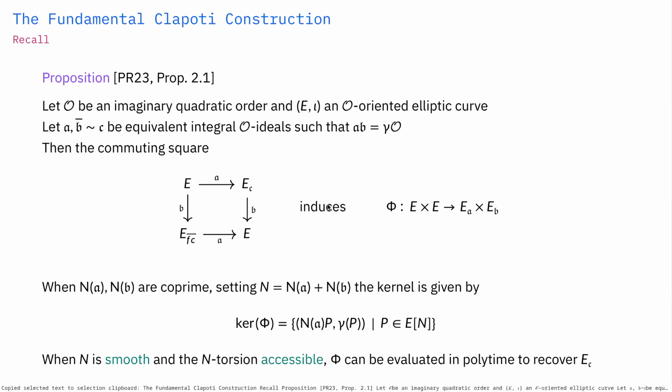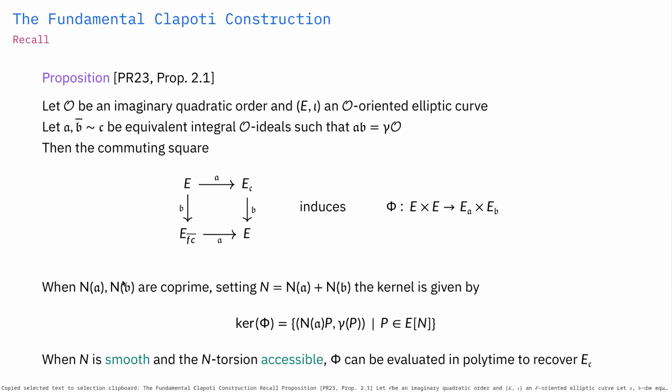And from Kani, this gives us a two-dimensional isogeny from E times E to EA times EB, where EB, of course, is EC conjugate. Anyway, sorry. So this is a very common thing we've seen many times before.